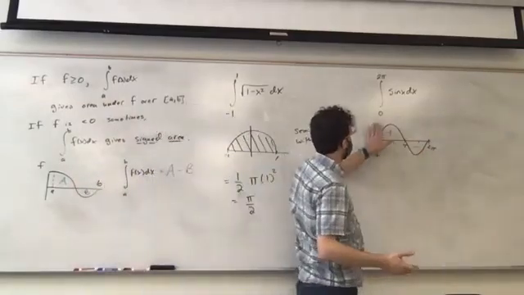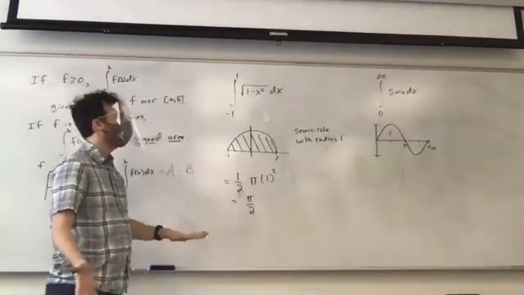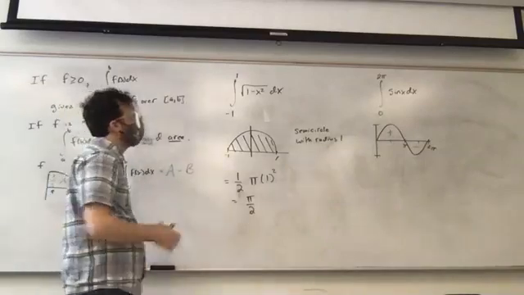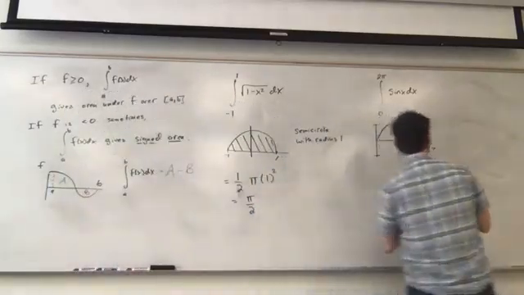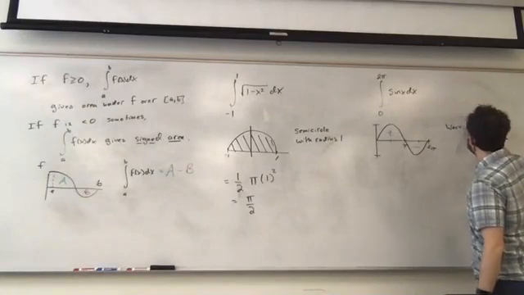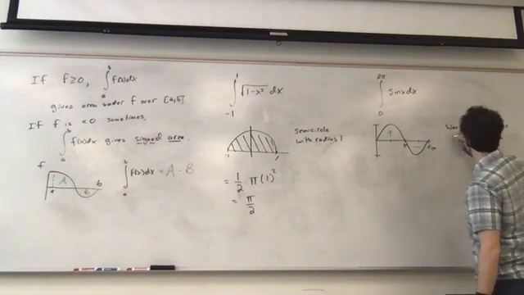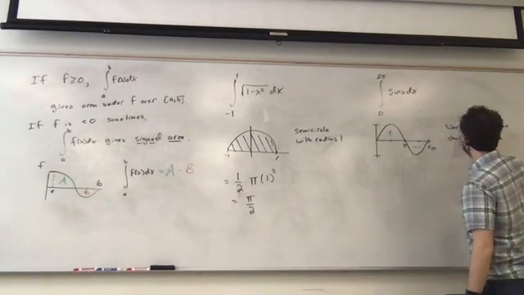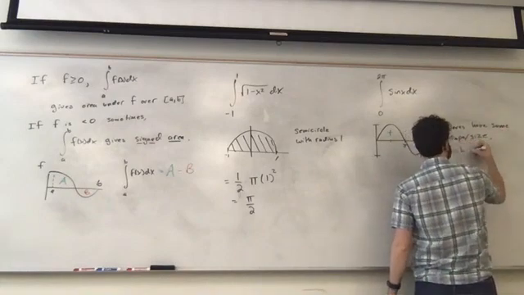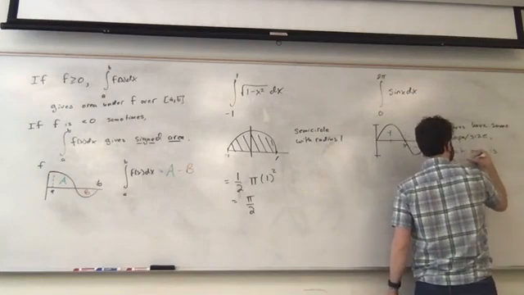This one has just been shifted and flipped upside down, but if you put them back on top of each other, they're exactly the same shape. So these little waves have the same shape and size, but one of them is giving negative area.